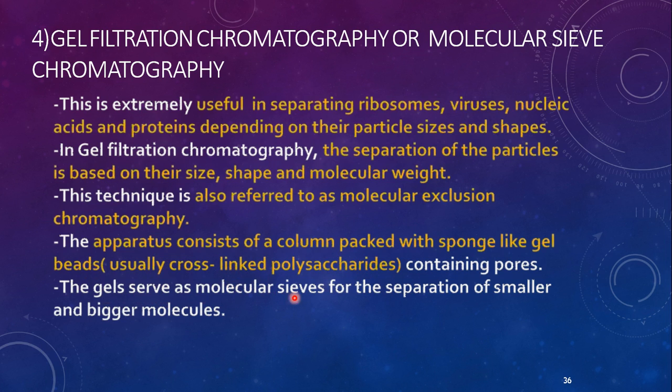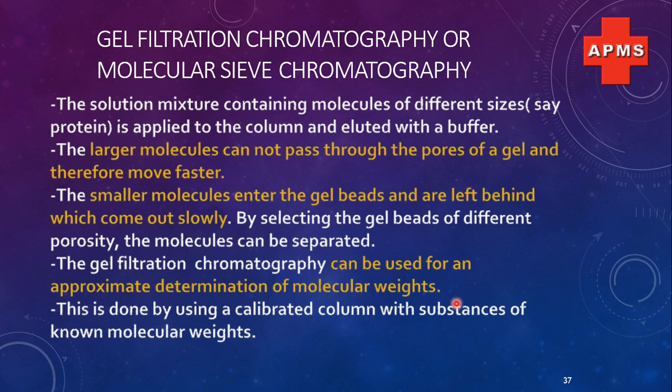The gel serves as a molecular sieve for the separation of smaller and bigger molecules. So these small gel beads serve as molecular sieves, meaning they retain smaller particles and the larger particles move faster inside the column. Here is the explanation of gel filtration chromatography.